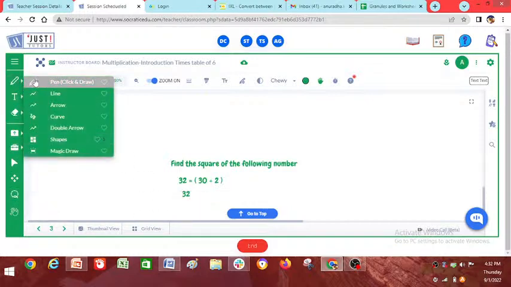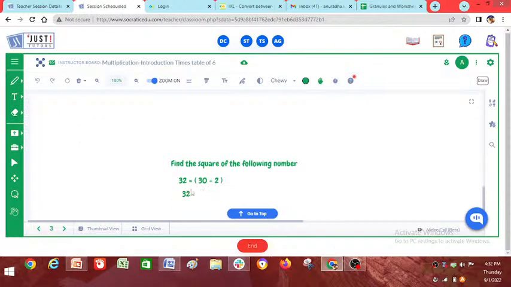So 32 square is equal to 30 plus 2 square. And then let's try solving this.